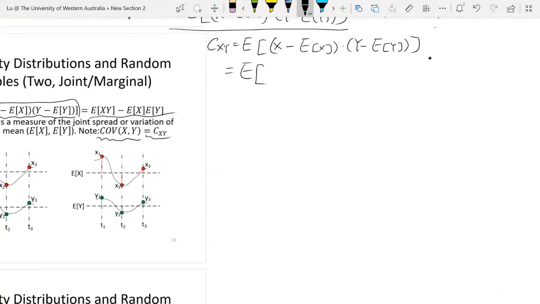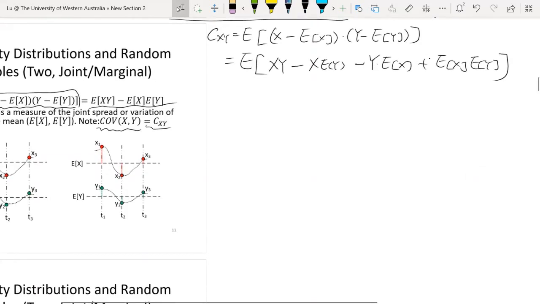What we have is x by y is xy, minus x by Ey, so x Ey, minus y by Ex, plus Ex Ey here.